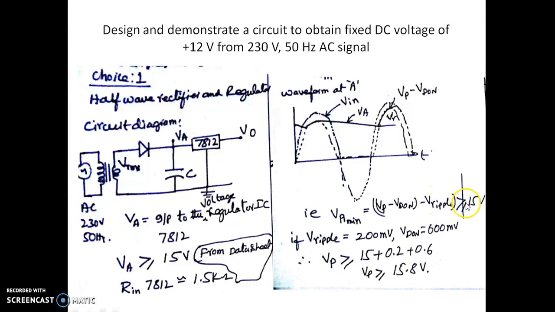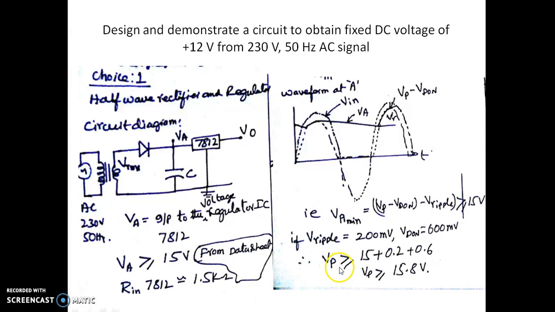For this to be greater than 15 volt, assuming V ripple as 200 millivolt and Vd on as 600 millivolt, Vp should be at least greater than 15.8 volts. If the Vp of the secondary of the transformer is 15.8, it will ensure a voltage more than 15 at the input of the regulator, which is very much necessary to have a constant output voltage of 12 volts.